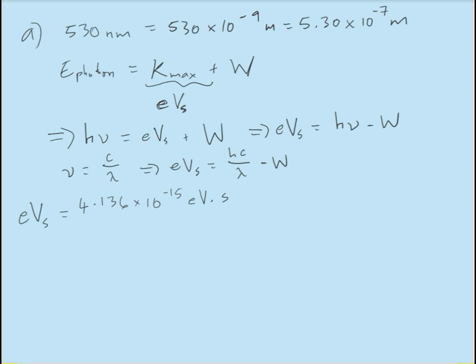And then this is of course multiplied by the speed of light, which is 3 times 10 to the 8 meters per second. And now all of this must be divided by the wavelength which we were given, which is 5.30 times 10 to the minus 7 meters, and then of course all this minus 1.50 electron volts.